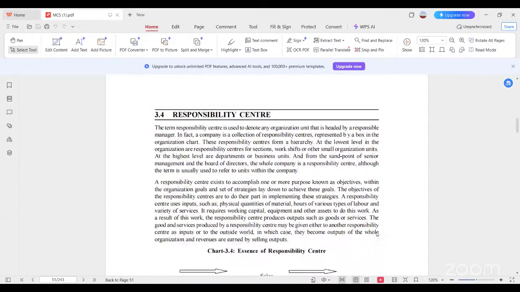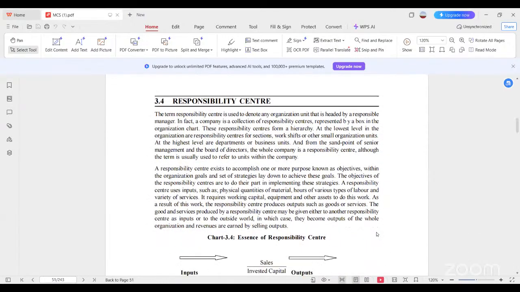Now, next coming towards responsibility center. In simple words, it is a part of an organization where one manager is held accountable for certain activities and results.